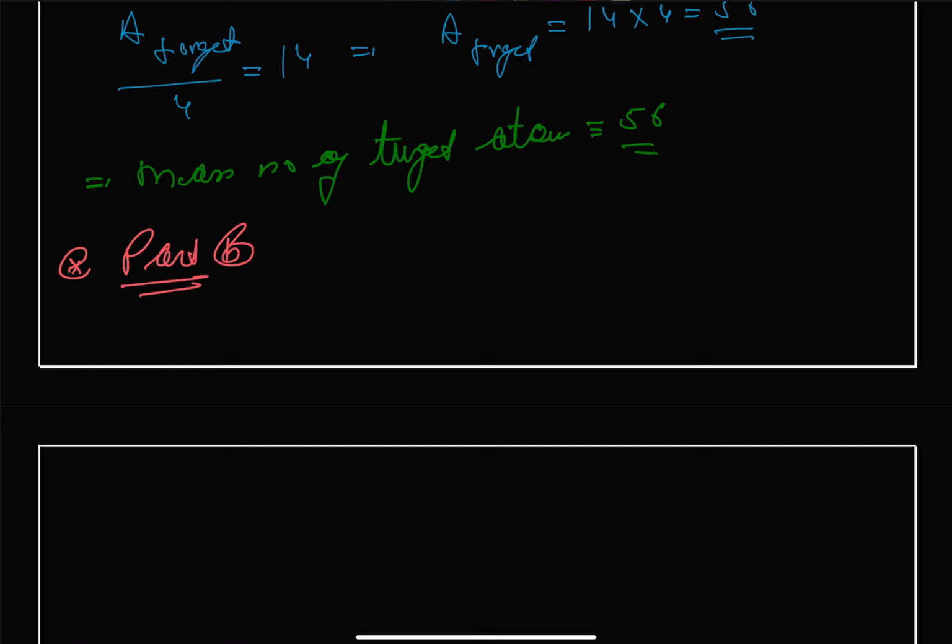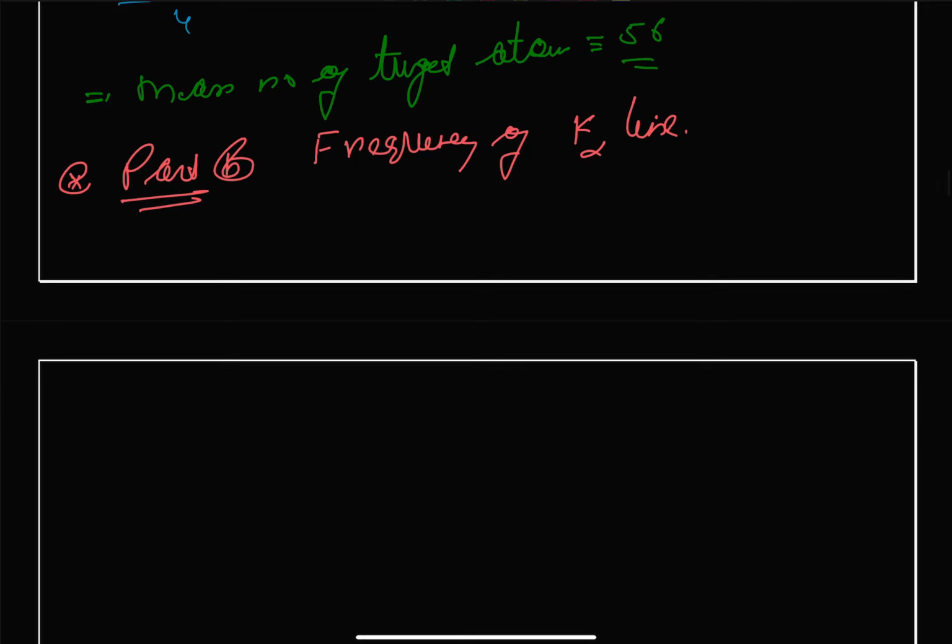Part B says the frequency of K alpha line, and we know that the K alpha line is basically your X-ray line due to the transition from N2 to N1.